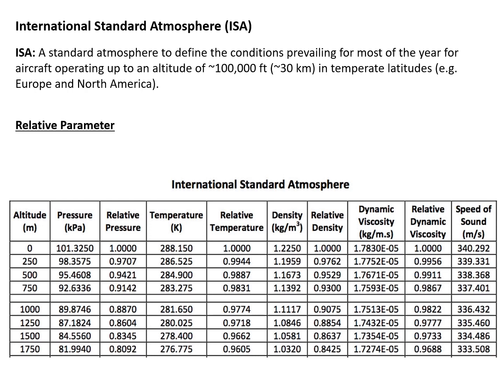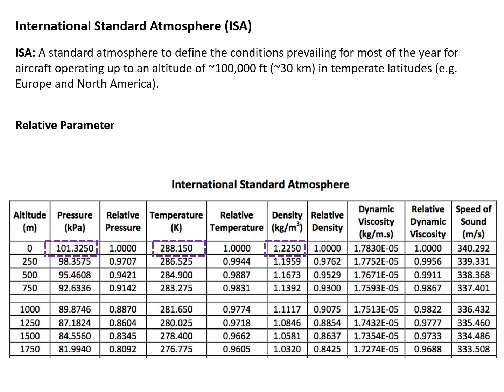And usually we have this tabulated table of the ISA, and there are some important parameters. For example, now I'm highlighting the sea level, so altitude zero meter. That's the sea level parameters: sea level pressure, sea level temperature and density.